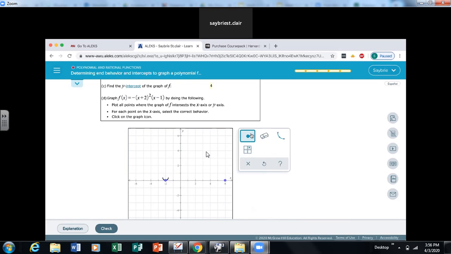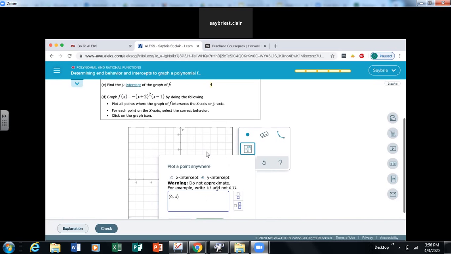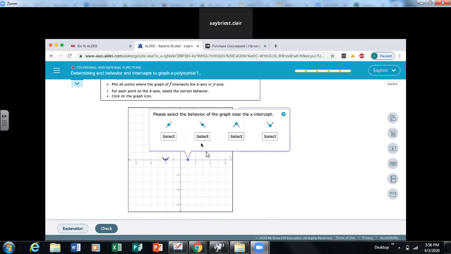And then I would do the Y-intercept. So I'd use that. Remember I used that grid thing? And then the other one is at 1, just a point on 1. There you go. Perfect.